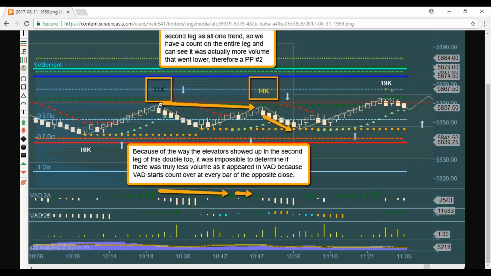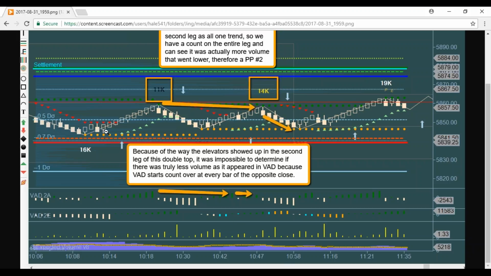Market comes up, market comes down. Market comes up, market comes down. Market comes up. Is this a number 4 tight chop market here? No. Is this a super uptrend? Is this a super downtrend?